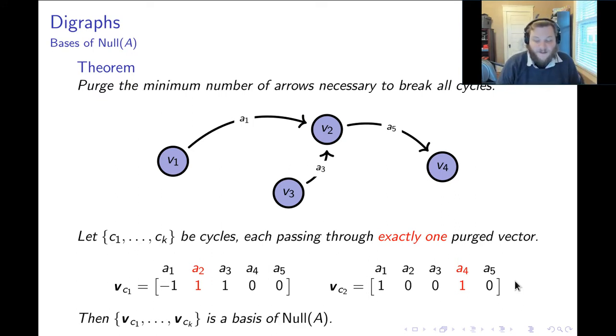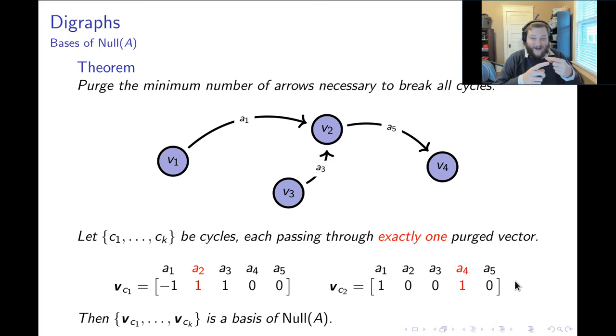So the 2 vectors that we just constructed here form a basis for the null space of our incidence matrix. The cool thing about this process is that we don't even need to write down the incidence matrix to find this basis, which is kind of fun because if you were in a different context and someone just handed you a matrix and asked you to find a basis of the null space, the procedure we just went through in the previous video said we would have to row reduce the matrix and then write all solutions to Av equals 0 as a linear combination of the pivot solutions.